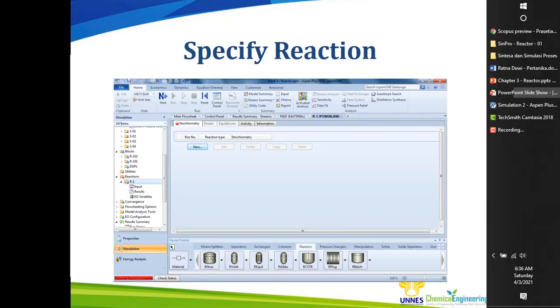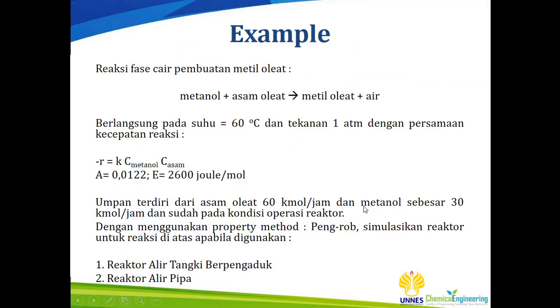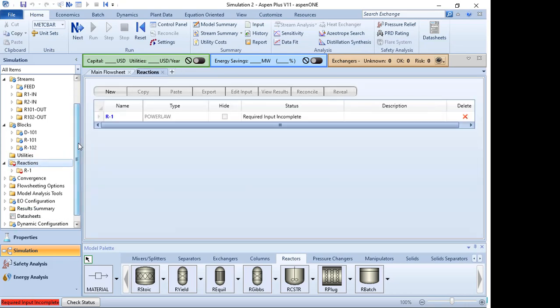Okay, finished. I think I have to go back to the case before we enter the reaction information. Below the utilities block, you see Reactions with a red sign, which means you have to enter the specification of the reaction here.